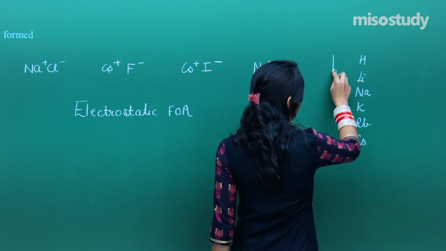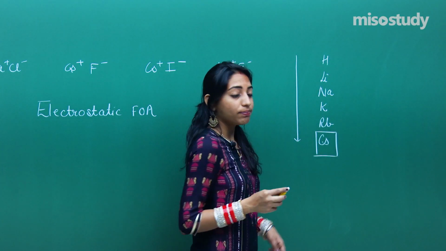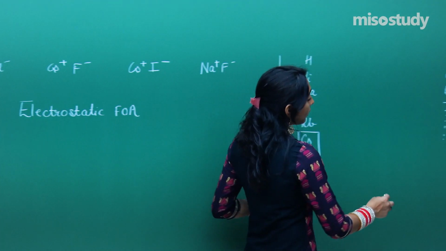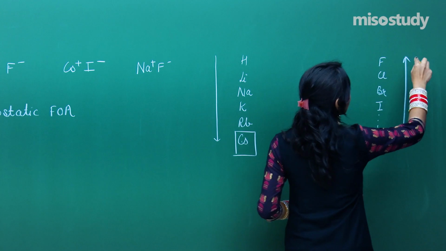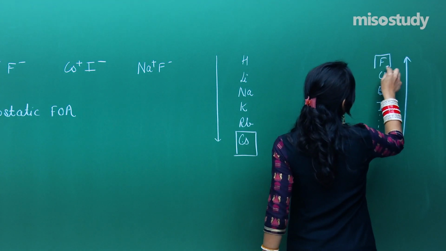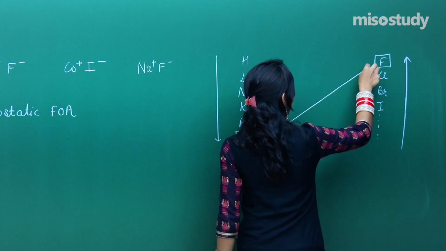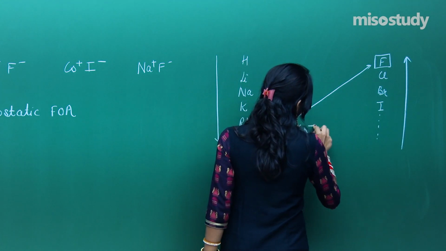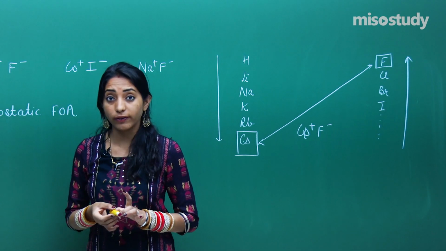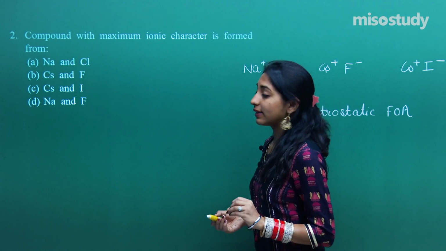We know electropositivity increases down the group, so Cs+ will be the best cation, and electronegativity increases from the bottom to the top of the group, so F- has maximum electronegativity. So the bond formed between Cs+ and F- will have the strongest electrostatic force of attraction, and because of this, maximum ionic character will be present.